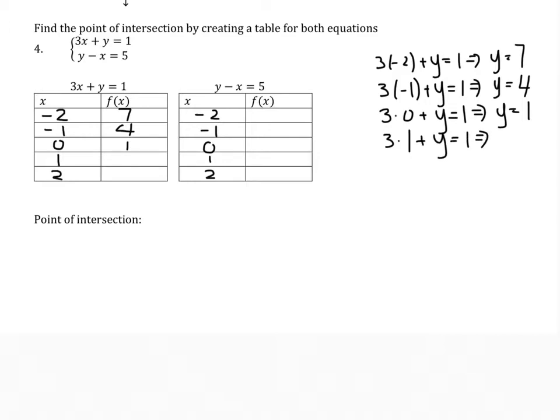So what's my y value? Y is going to be -2. Three times 2 plus y equals 1. So my y is going to be -5.